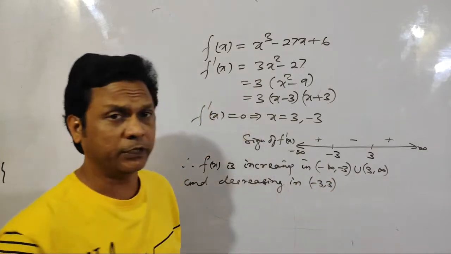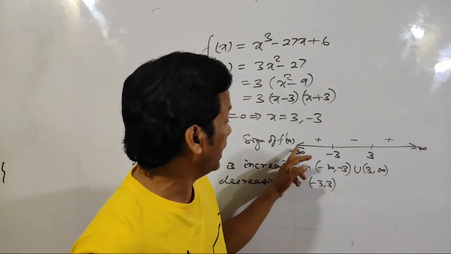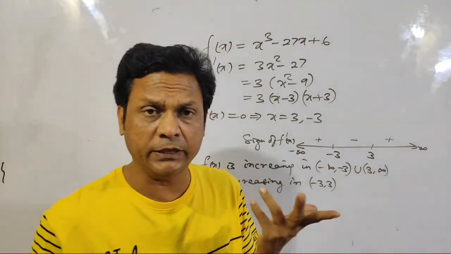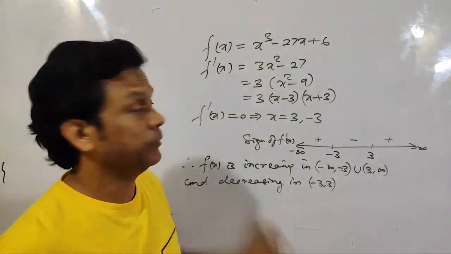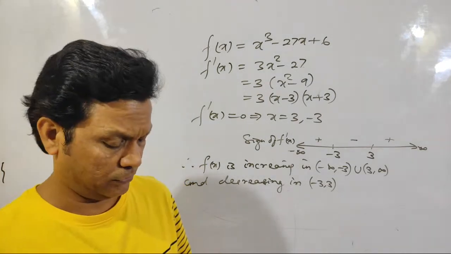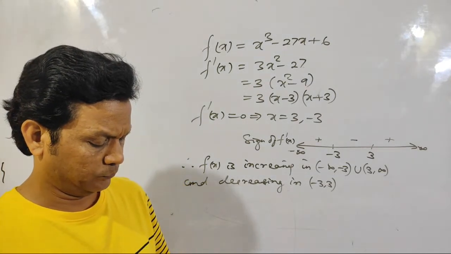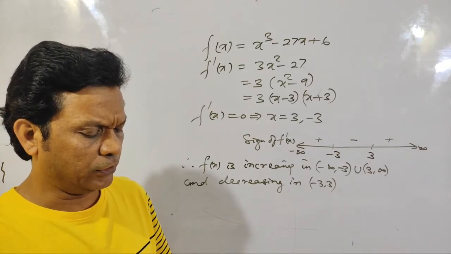And you should take the open interval, don't take the closed interval. Okay, because at infinity it is not defined, because these are not real numbers. And at minus 3 and 3, at these 2 points the derivative is 0, and if the derivative is 0, it is neither increasing nor decreasing. Clear? Is that clear to you or not?